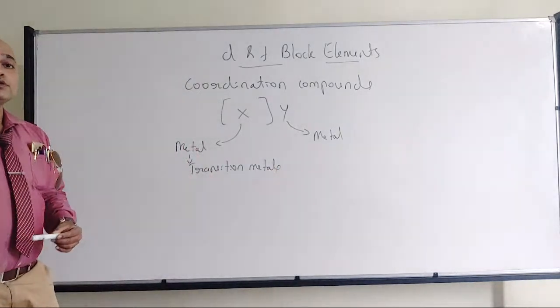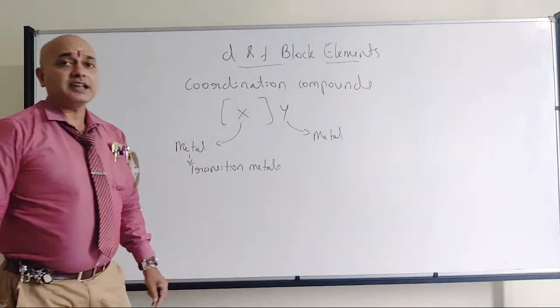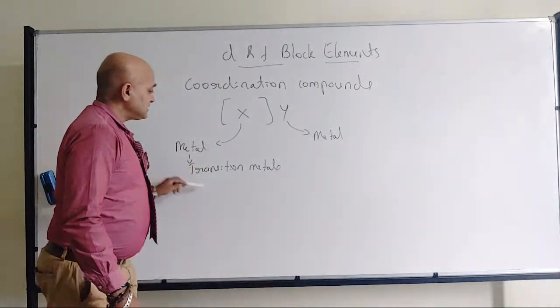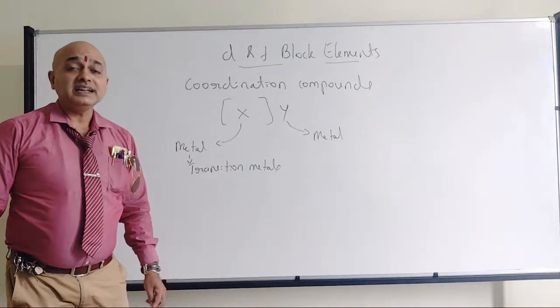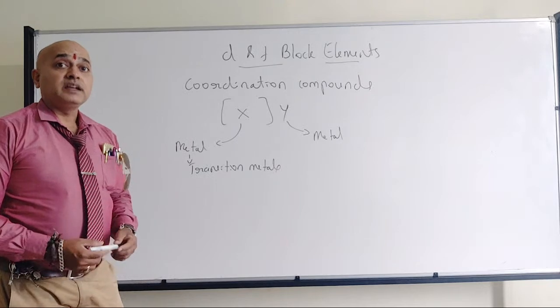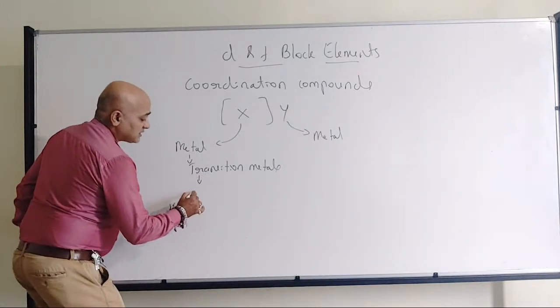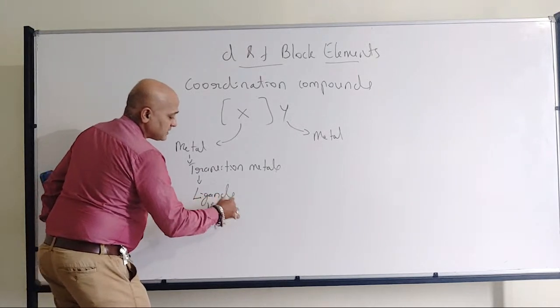I say most because sometimes the metal can be an alkali or alkaline earth metal, but that is very rare. And in all coordination compounds, transition metals are the ones interacting with the ligands.